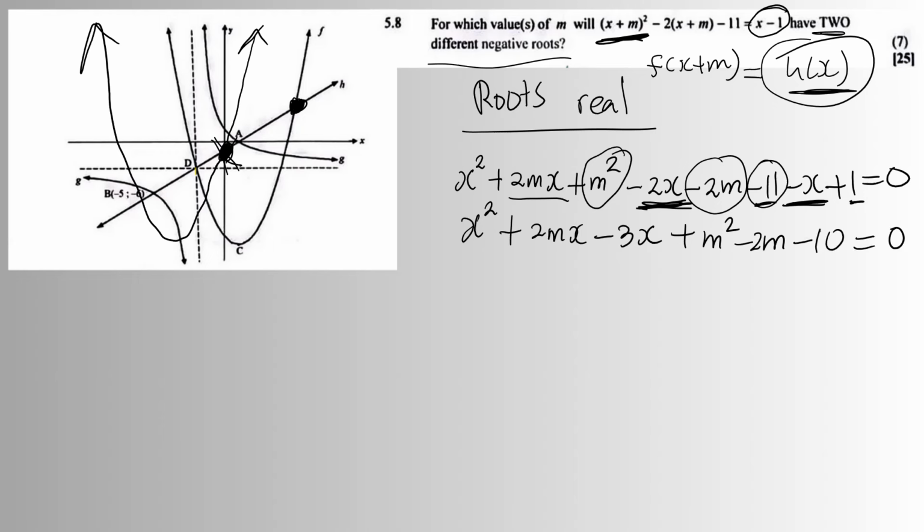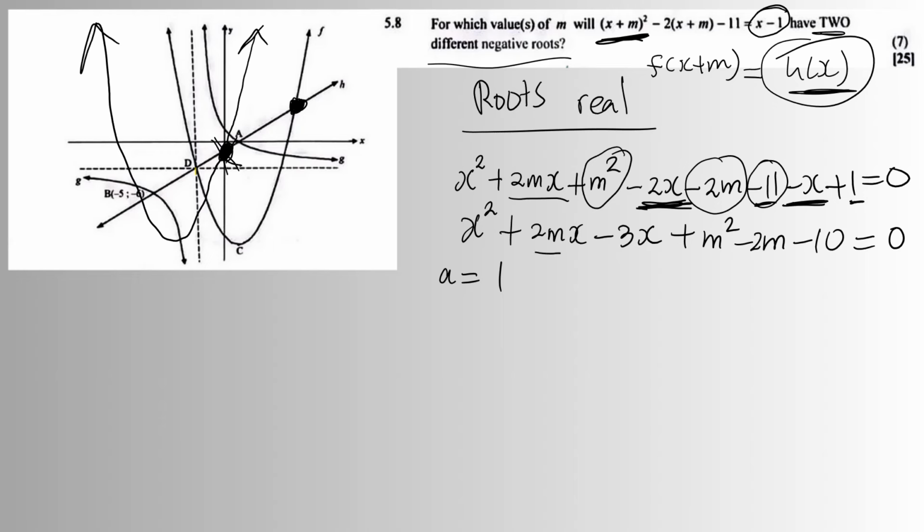So when it's like this, you can't easily identify what is A, what is B, what is C. So let me go and simplify. But we do know that A is the coefficient of x squared. Anything multiplying x squared in this case is 1. B is anything multiplying x, but there are two things there.